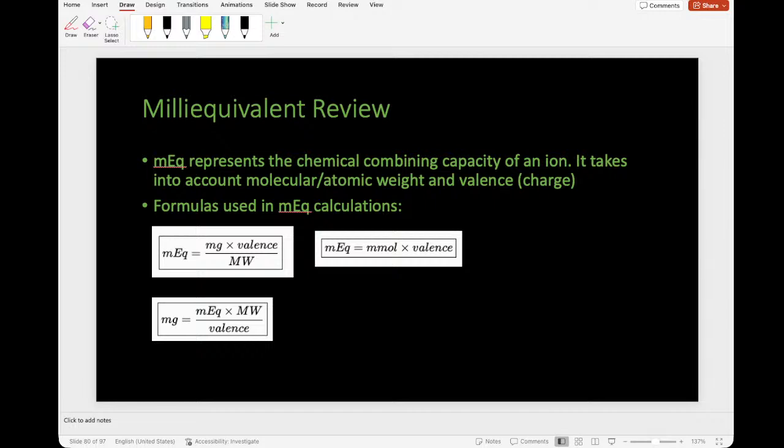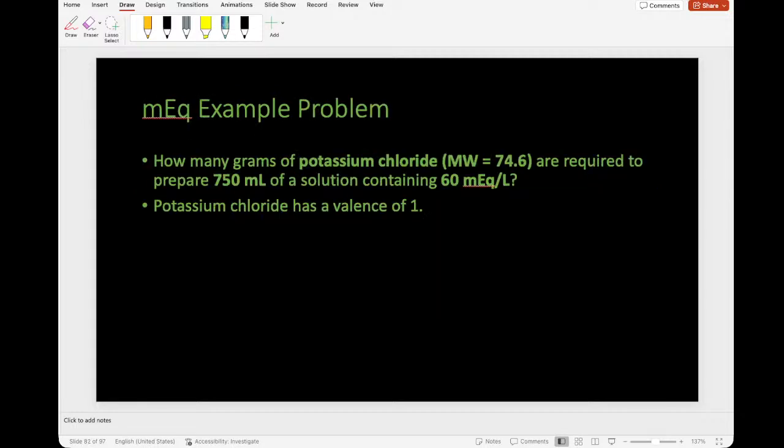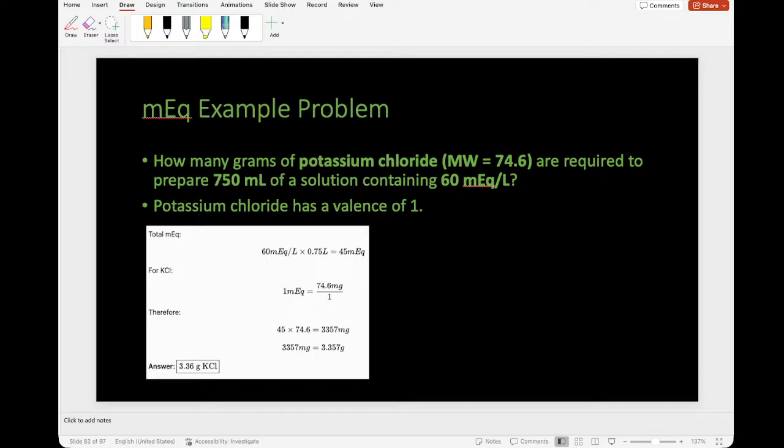That's something you would have to know, especially if you've taken chemistry classes where they teach you how the periodic table works and show you the charges and the valences. So that's essentially how you figure out the valence by charge. Here's a table with the most common ones used in pharmacy calculations, and then I have a practice problem listed here for you all.